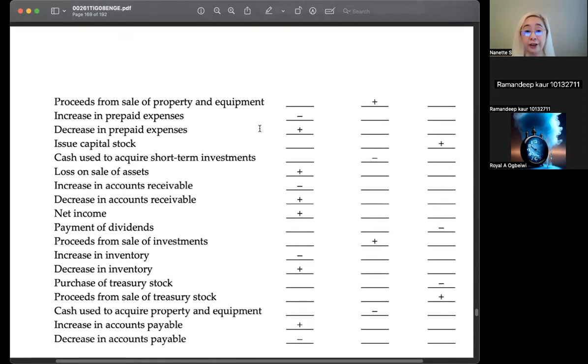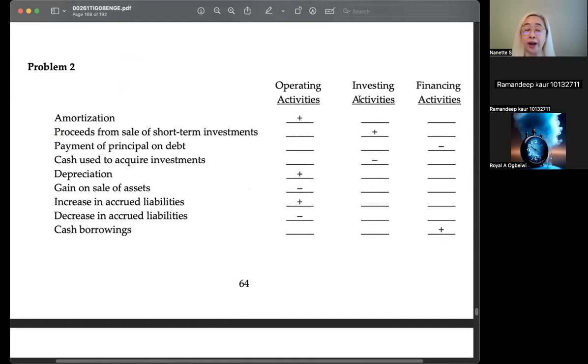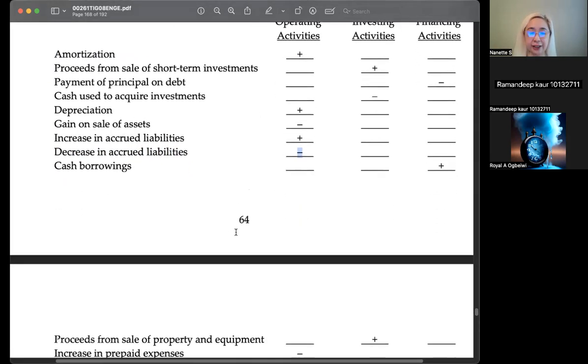So here are the different categories and where should it fall under? Amortization, obviously, you have to put under operating activities, and this would be an added item under operating activity. But the decrease in accrued liability, this would be less. This would be minus under operating activities.